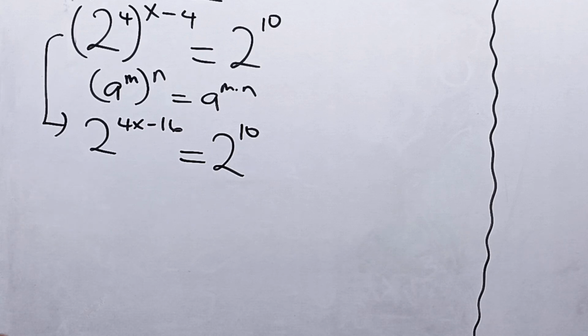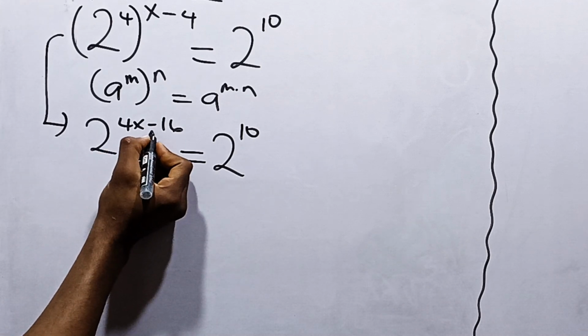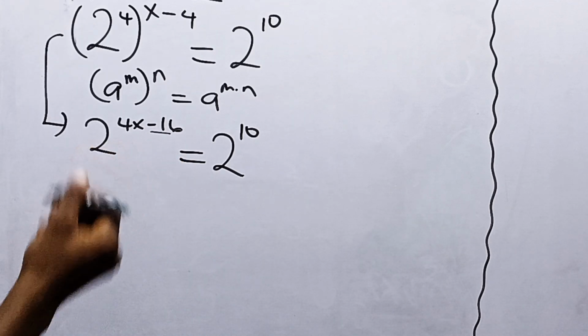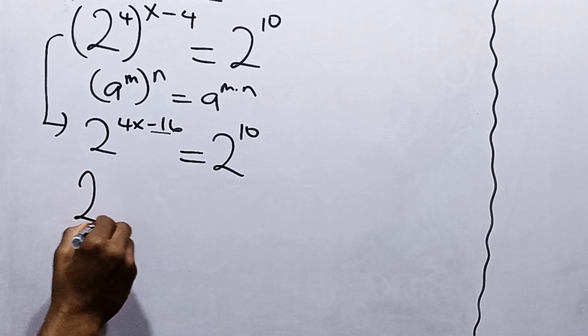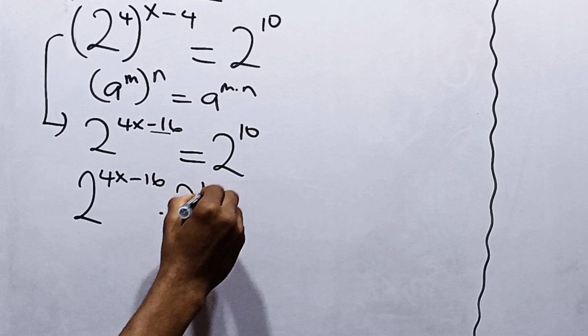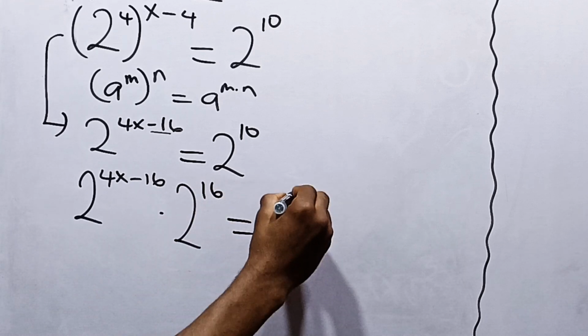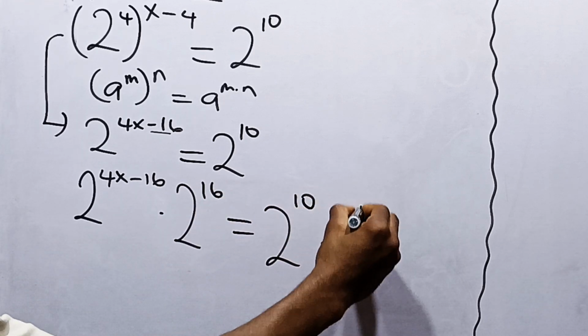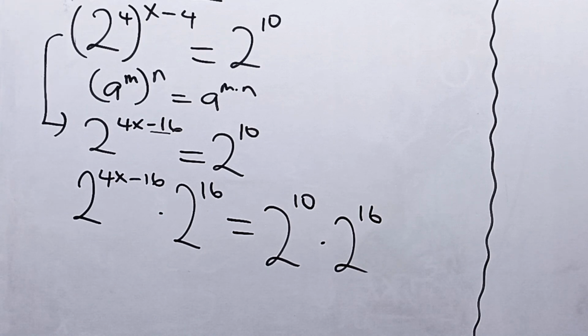Right? Now, in order to eliminate this negative, we multiply both sides by 2 to the power of 16. So we say this 2 to the power of 4x minus 16 multiplied by 2 to the power of 16 should be equal to 2 to the power of 10 multiplied by 2 to the power of 16. Alright?